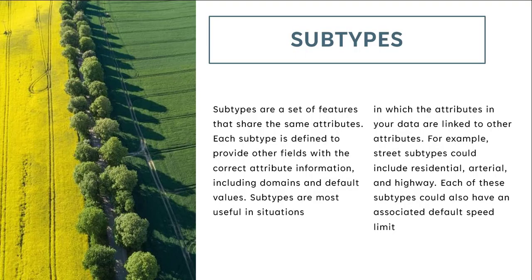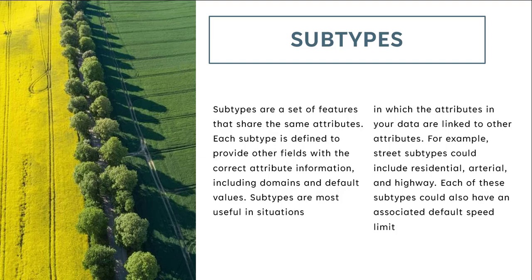Subtypes. Now we established from the introduction that domains and subtypes are components that are interrelated and very important to each other. So what are subtypes themselves? Subtypes are a set of features that share the same attributes.